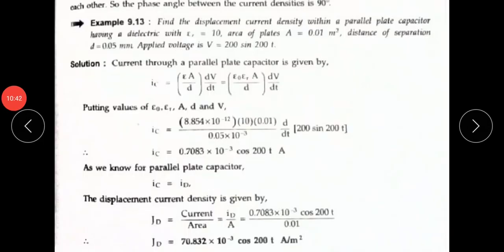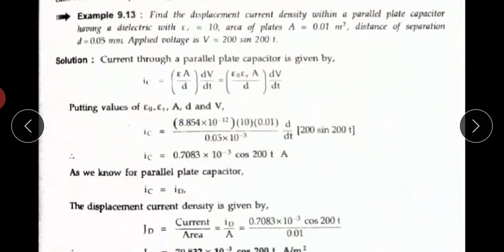Okay, next one. Find the displacement current density within a parallel plate capacitor having dielectric with epsilon r equals 10, area of plates A equals 0.01 meter square, distance of separation D equals 0.05 millimeters, applied voltage equals 200 sin 200 t.